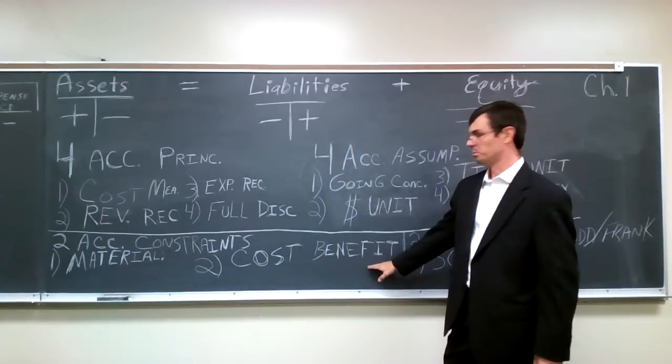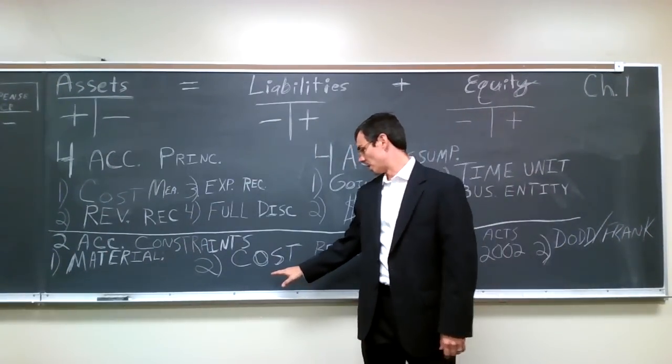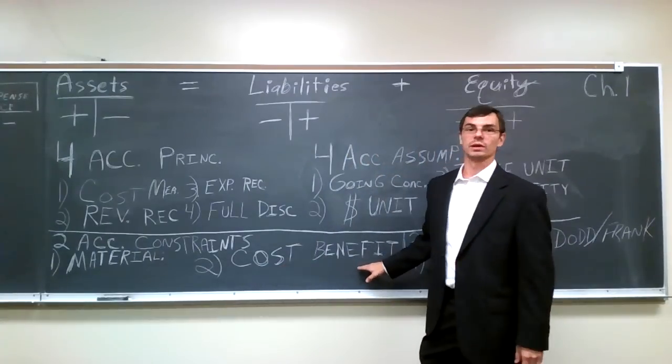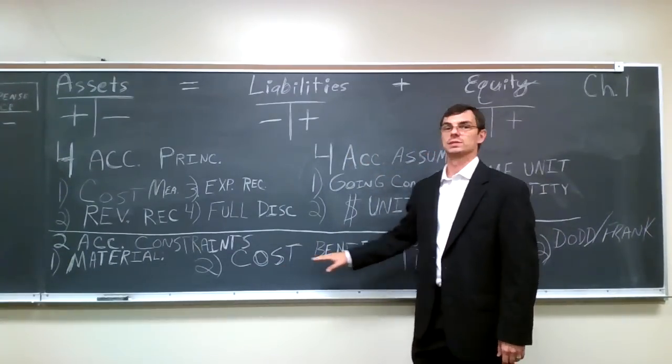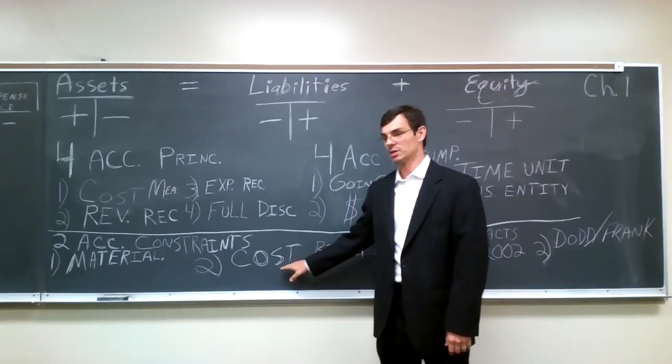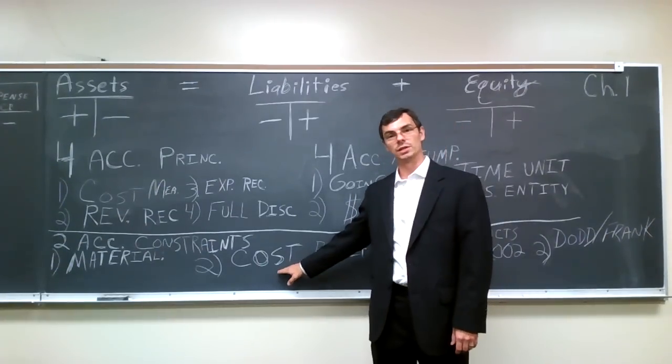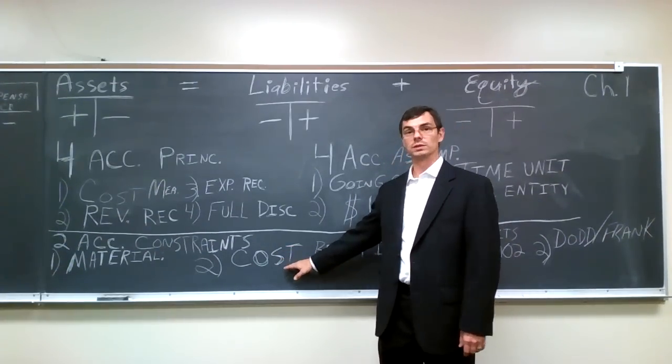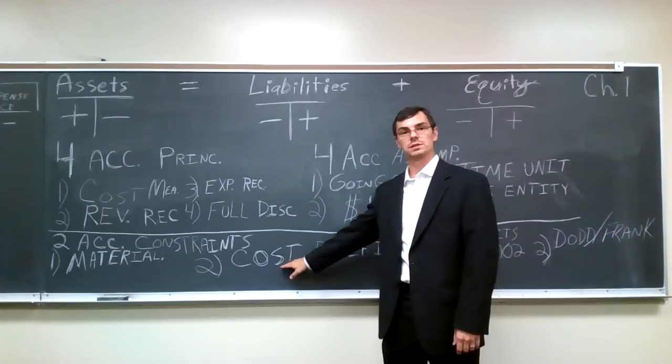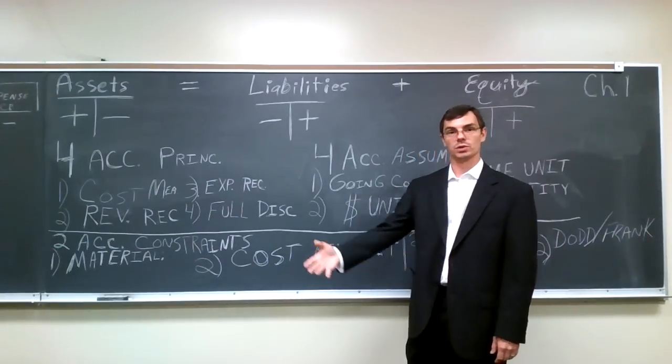Next is cost benefit, or is it worth the cost to do what we're looking at? This is also very important as accountants. This is one that a lot of accountants lose track of as they're learning. It's always important to make sure you're weighing your costs against the benefits as you're looking at what you're doing.